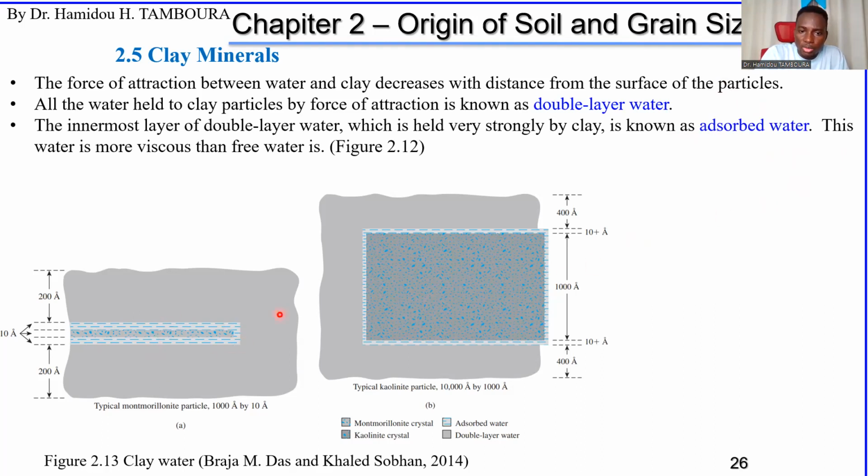What I was talking about, this shows us what we call absorbed water. And this one is, I think, for kaolinite, and this one, maybe, I'm not sure, montmorillonite.